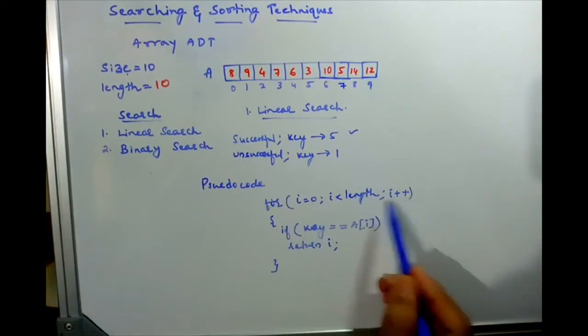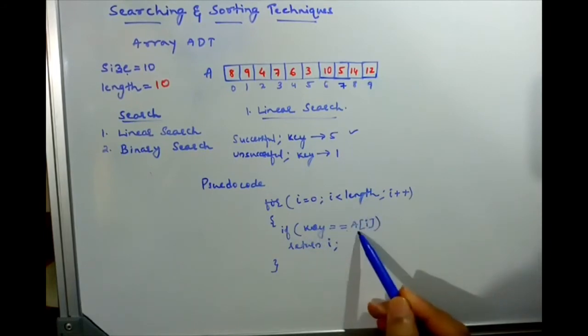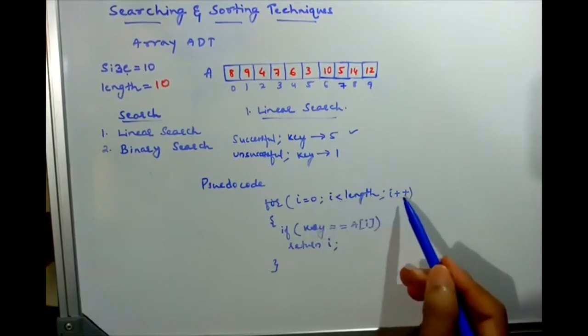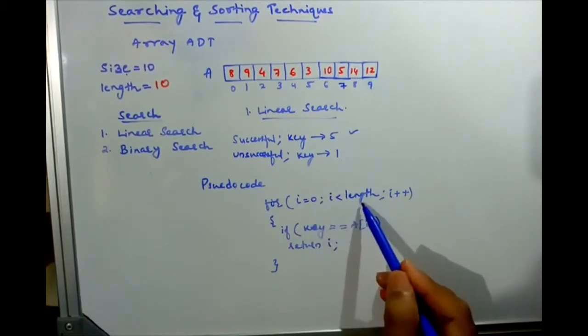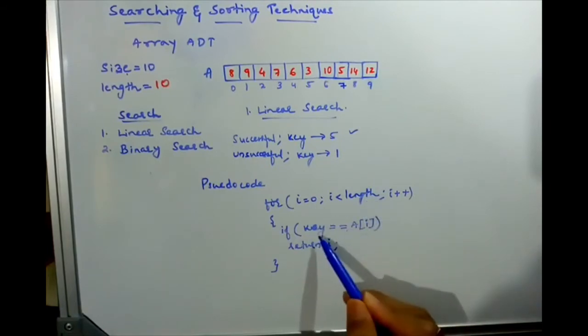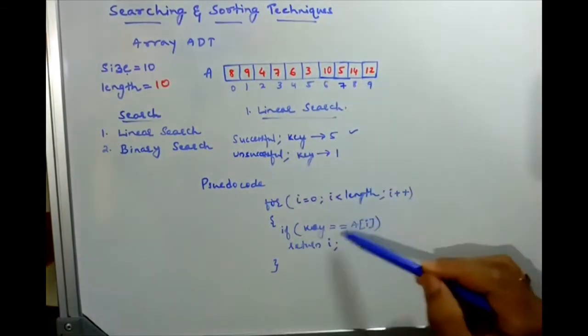I becomes 2. So 2 is less than length. Yes, true. Then it checks this condition. If it is not true, it goes back. Again I becomes 3. 3 is less than 10. Yes, true. Then it checks this. Is a of 3 equal to 5? A of 3 is 7. 7 is not equal to 5. Then again it goes back.